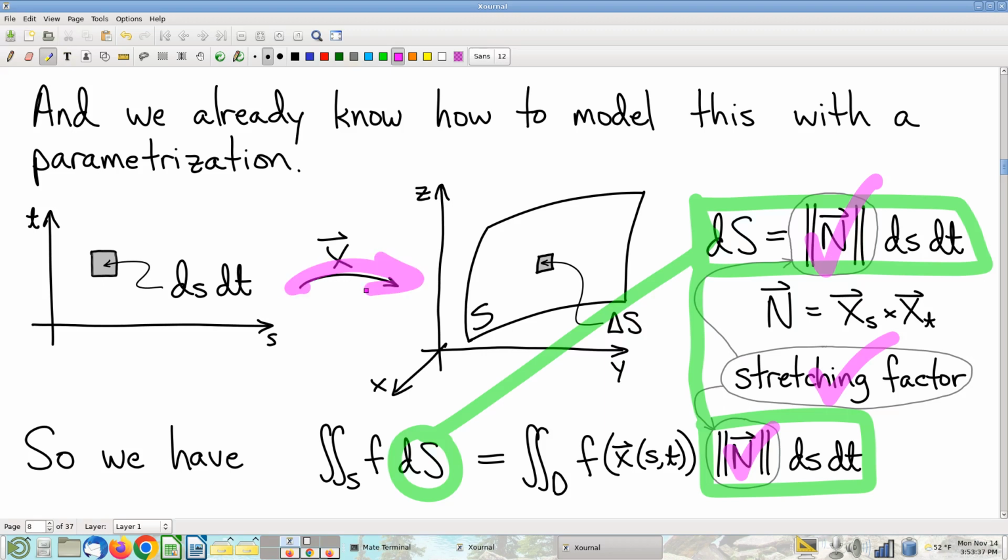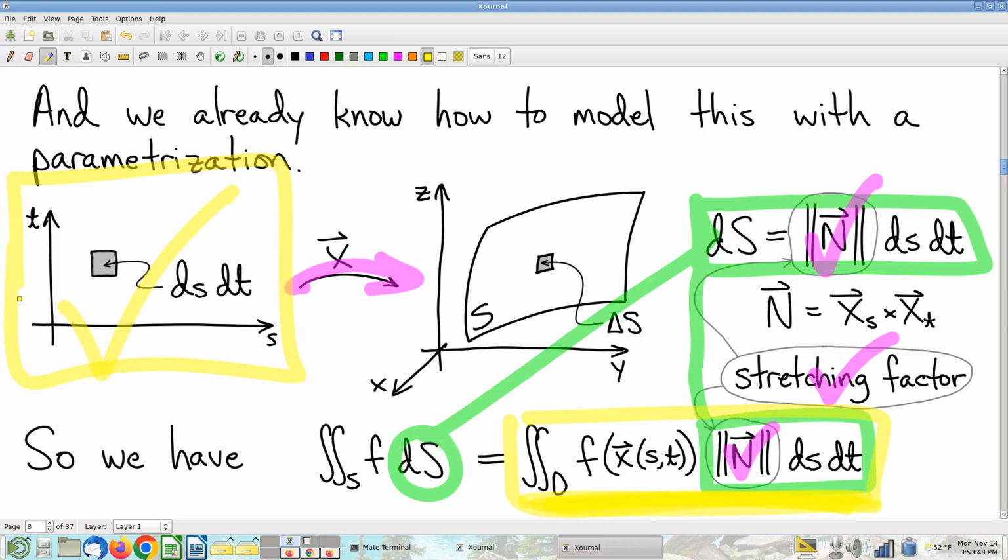And there you go, boom. Now we have this integral over here. Everything there is all in terms of s's and t's. That's an integral in the st plane. It's just a plain old, regular old garden variety double integral at this point, and we know how to compute those. Everybody happy? Let's see an example. See this in action.